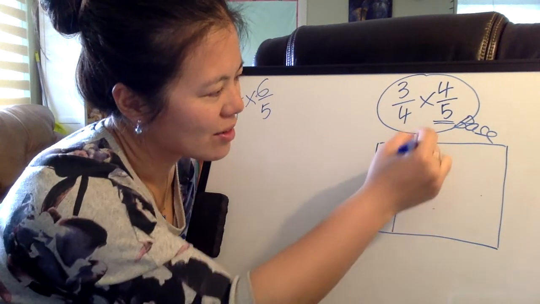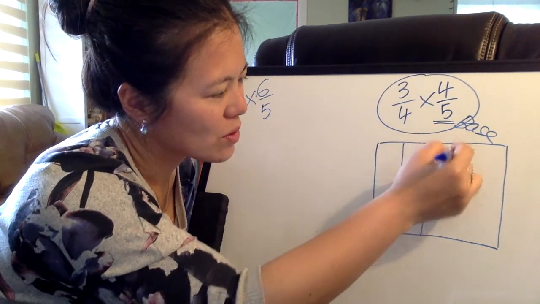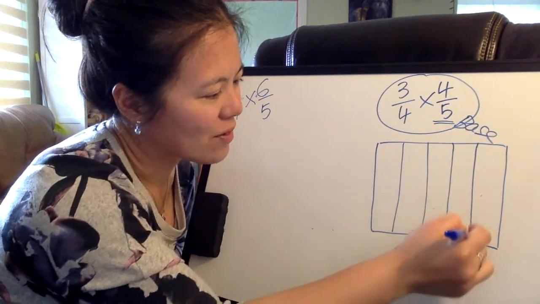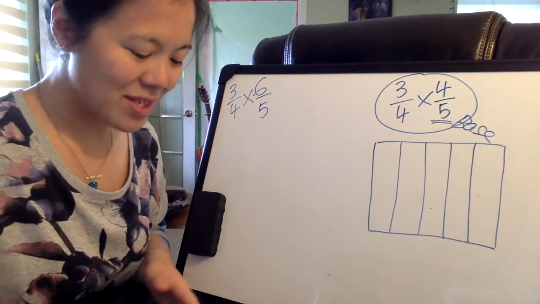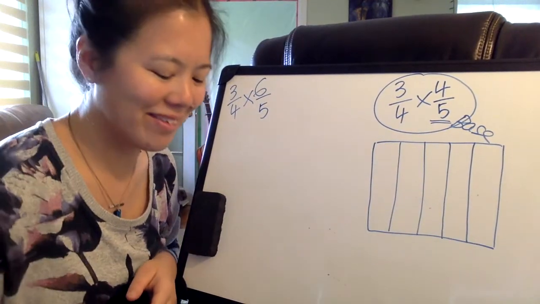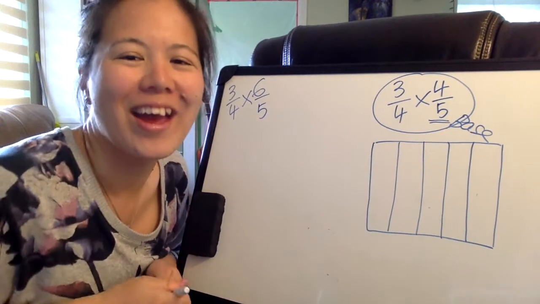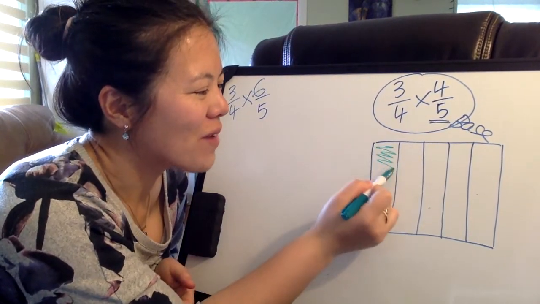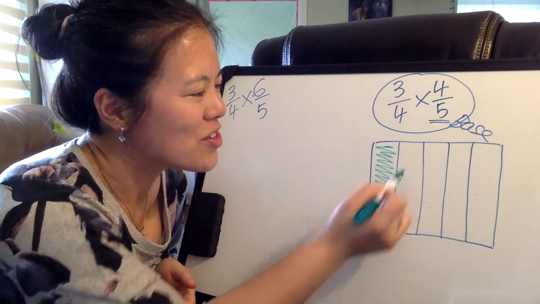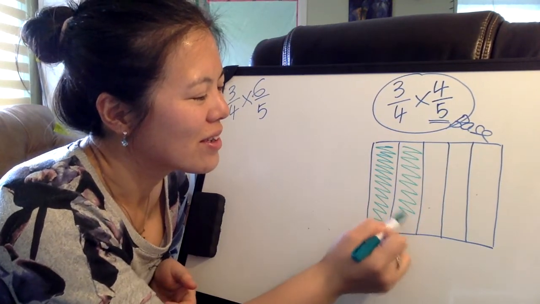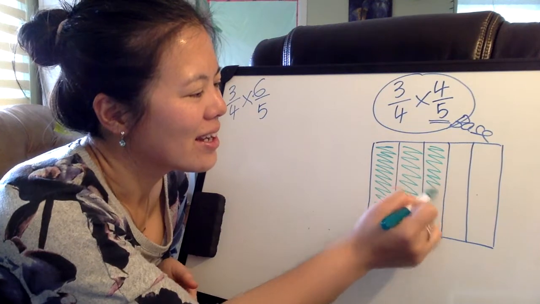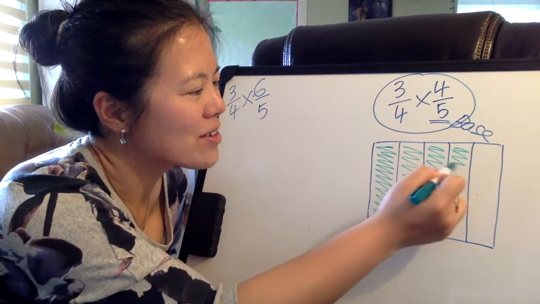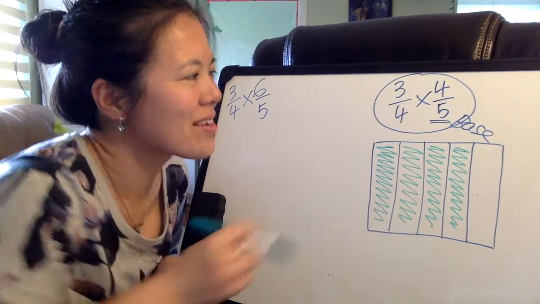I have 1, 2, 3, and 4, so I divide it into 5 equal parts, and then I am going to shade 1, 2, 3, and 4 to represent 4/5, right?